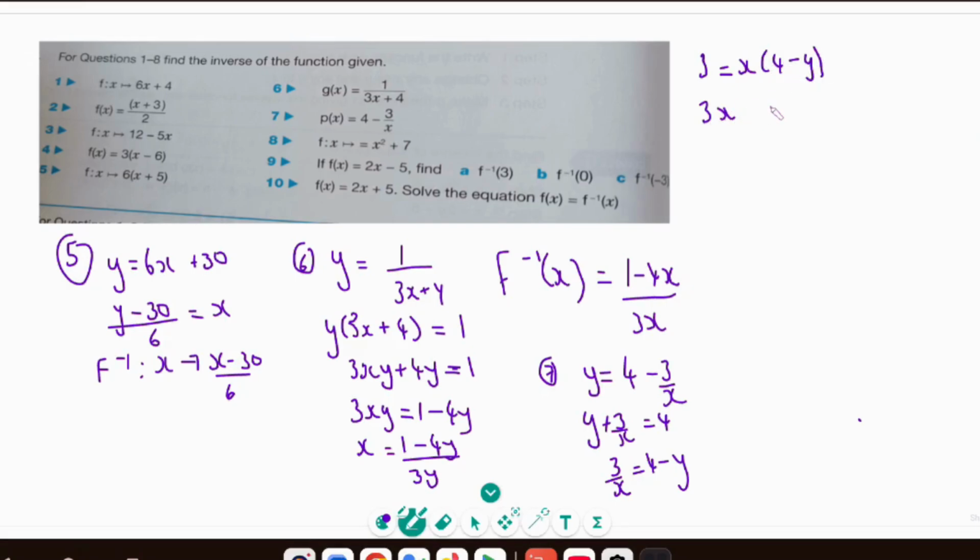Expand your brackets. No, I'm not, because I want to make x a subject. So I'm going to divide both sides by 4 minus y. And then write in function notation. Wait, which question is it? 7. So it would be p to the minus 1.